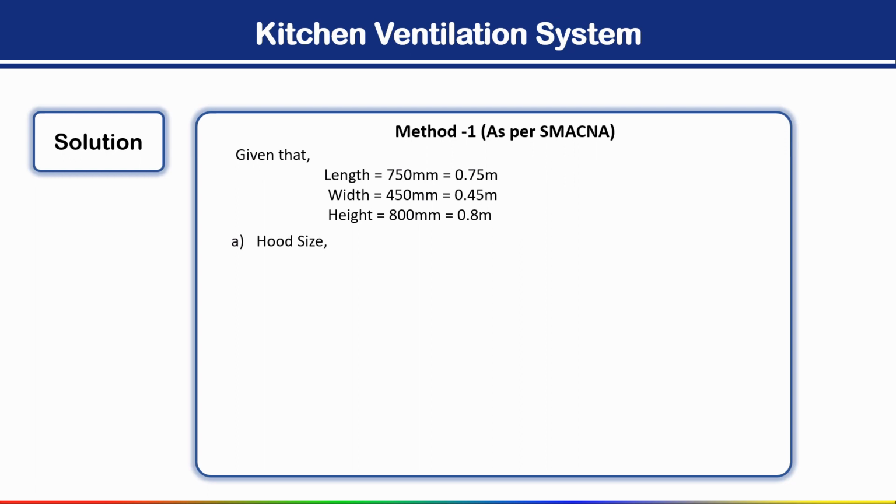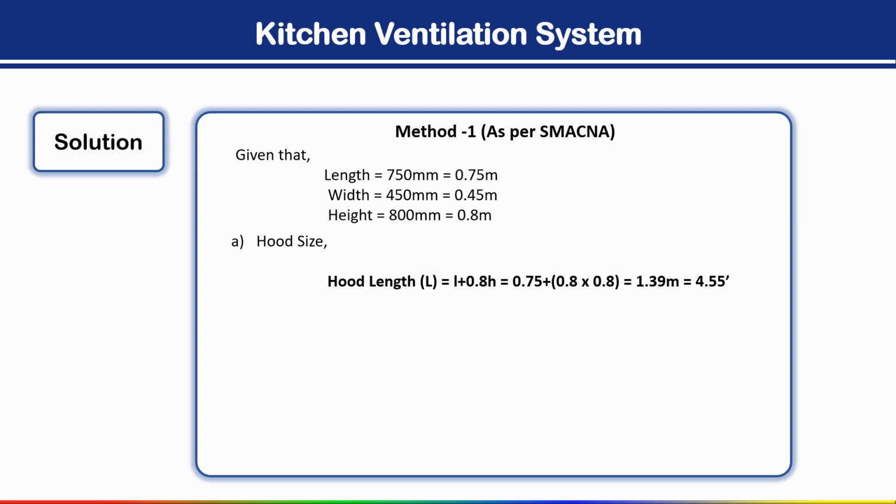What is the formula to find the hood length? First of all we have to calculate the hood size. To find the hood length, we have a formula: capital L is equal to small l plus 0.8 h. Small l is the stove length, and small h is the stove height.